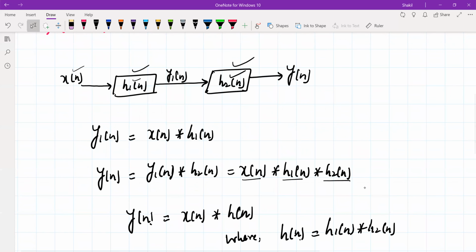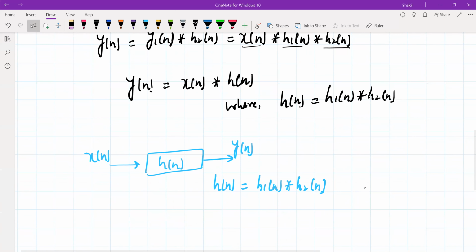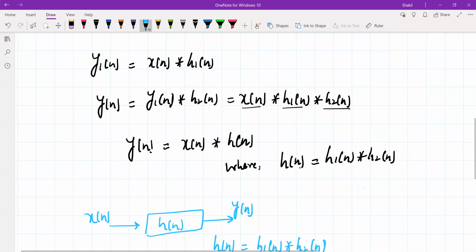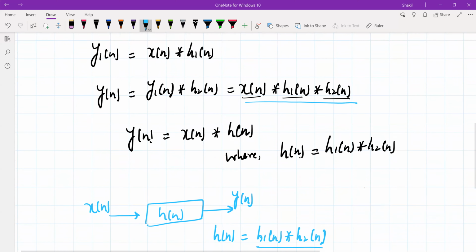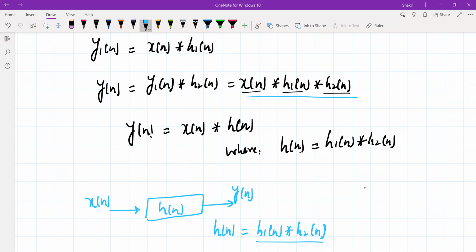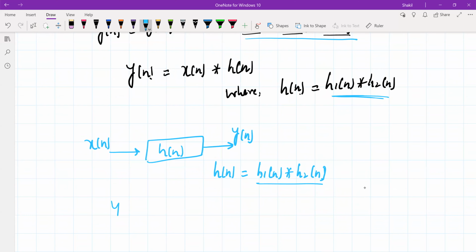You can replace this whole cascade system by another system whose impulse response is this, or you can determine the overall response by first convolving x of n with h1 of n, the impulse response of the first system, then taking this output and convolving it with h2 of n. Or you can first take the convolution between the two impulse responses, then get the output by convolving with the overall impulse response.